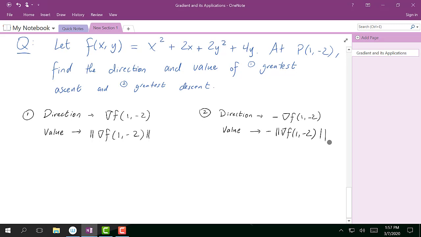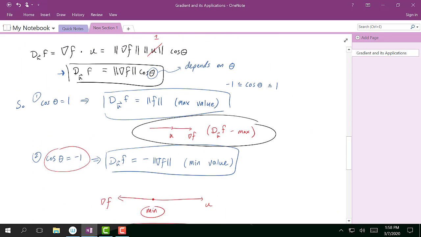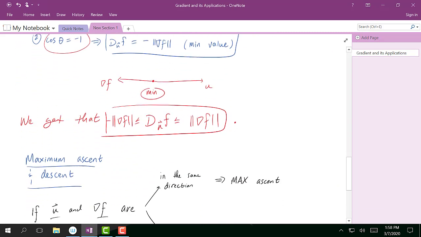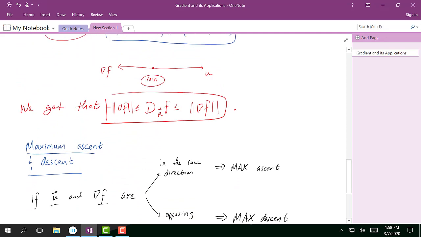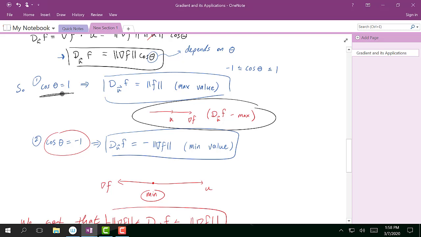We're at a point, and the direction of greatest ascent is simply the gradient at that point. Again, that's because if I scroll back up for a second, we know that to go in the direction of greatest ascent, u and the gradient of f are in the same direction, which is what we have when the cosine of the angle between them is 1.